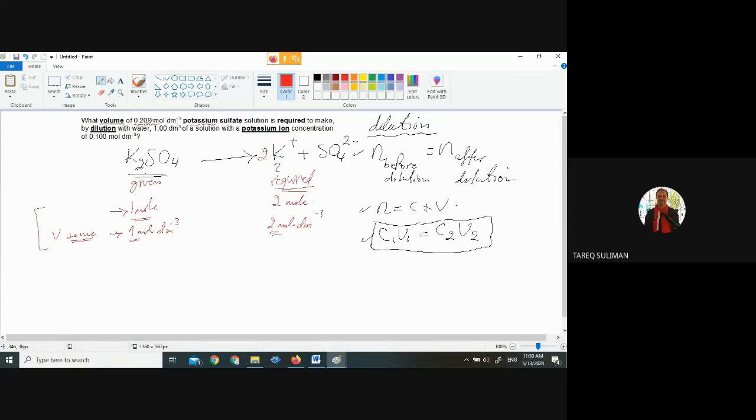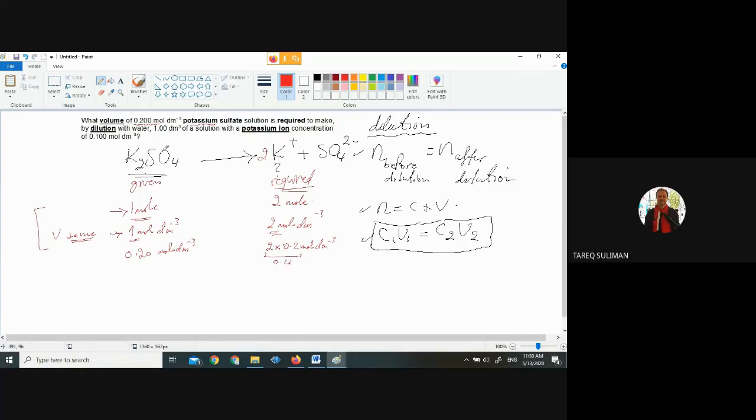Then what is the given? 0.2 mole per decimeter cube of this gives K plus of concentration 2 times 0.2 mole per decimeter cube, which is 0.4.